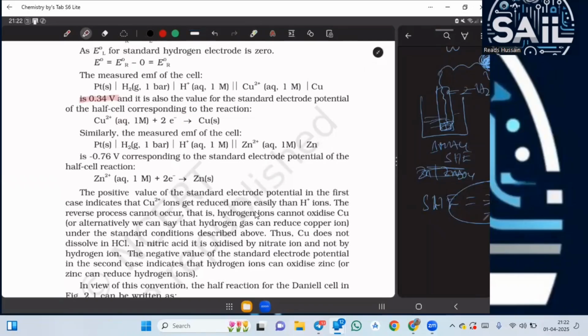This is the practical value determined by the scientists. This is the standard electrode potential of copper. This value you fix in your mind.